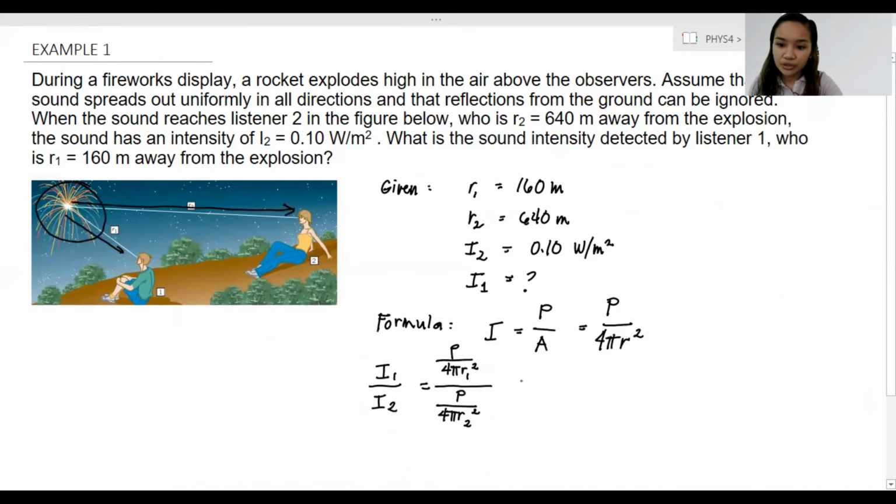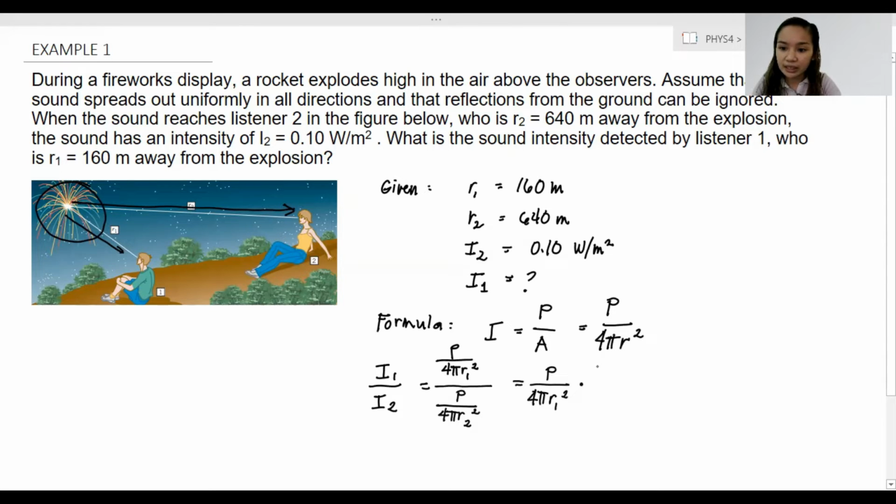Now from this equation, this is P over 4 pi R1 squared, multiplied with the reciprocal of the denominator. That is presented in Gen Math or Algebra.